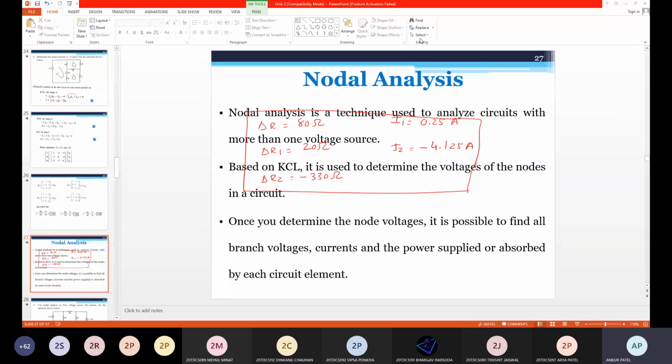You need to identify different nodes and assume one reference node, and from that you can find those different node voltages. I will show you how to apply this in the circuit, and we'll move to some examples.